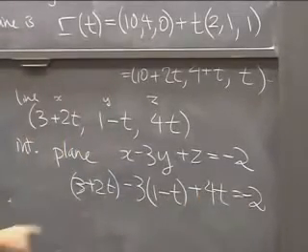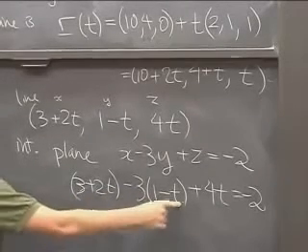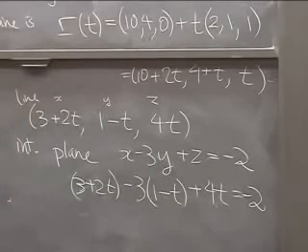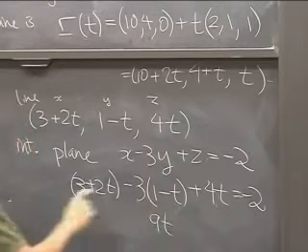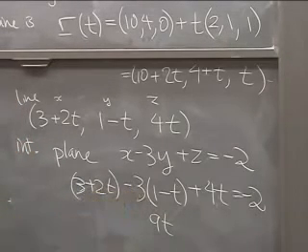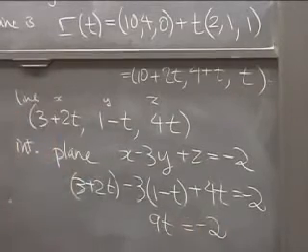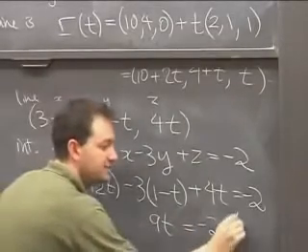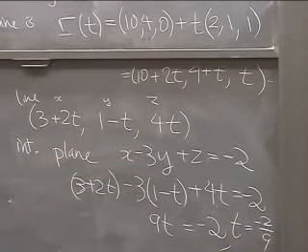All right, so what do you get? You get 3 plus 2t, minus 3, plus 3t, plus 4t. So I think we have 9t, and we have 3 minus 3, which just cancels. So 9t is minus 2, i.e. t is negative 2/9. So we now know the value of the parameter.